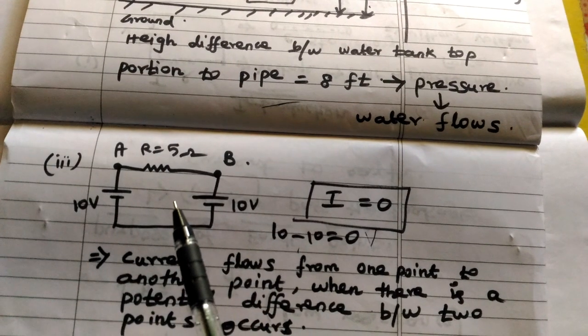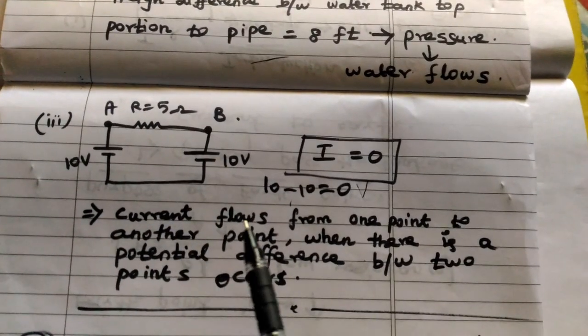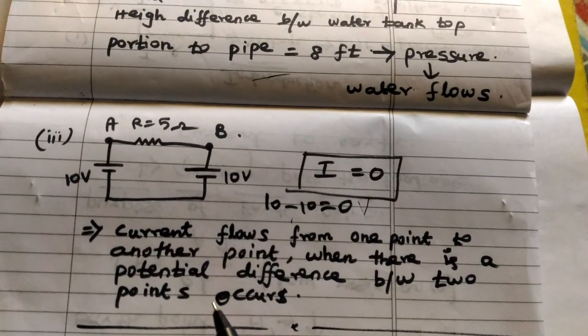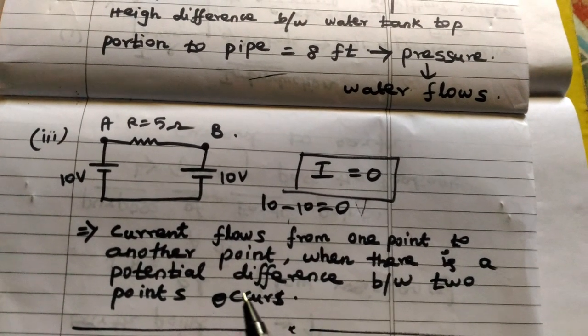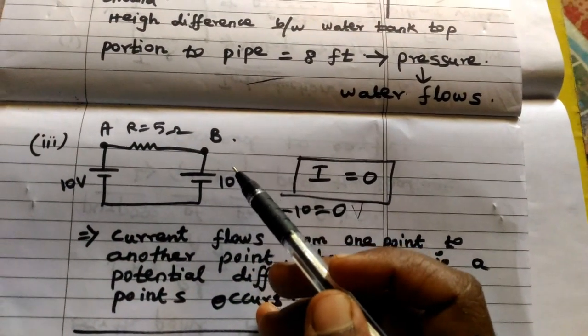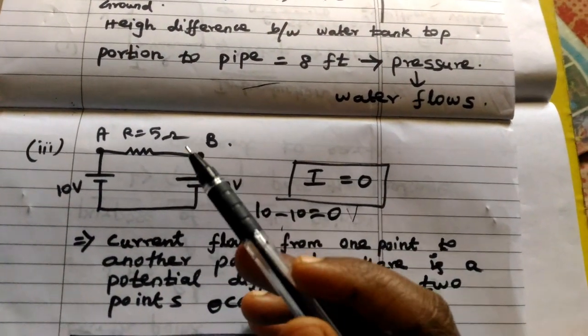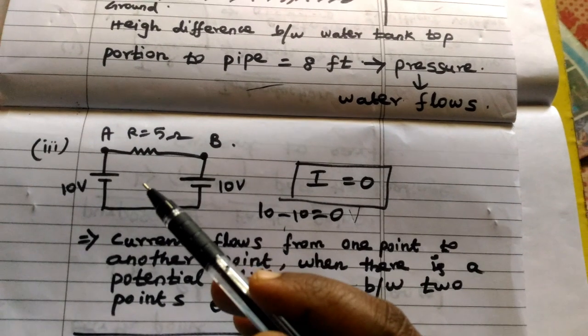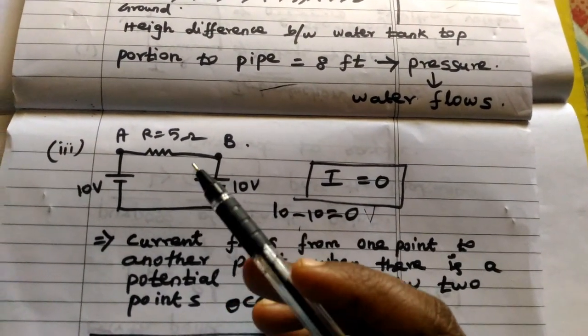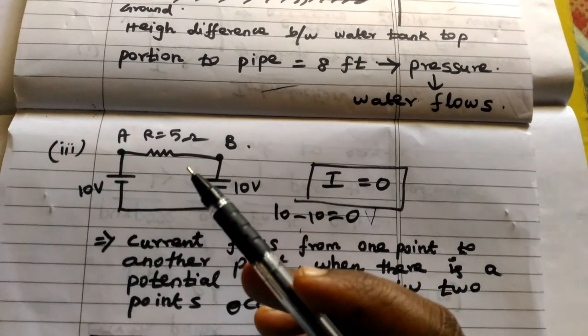This is a balanced circuit. So the current flows from one point to another when a potential difference occurs between the two points. In any circuit, for the electron to move from one point to another, we need to create the potential difference. Then only the electron moves and the current flows through the circuit.